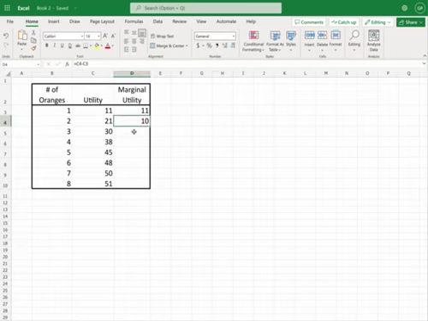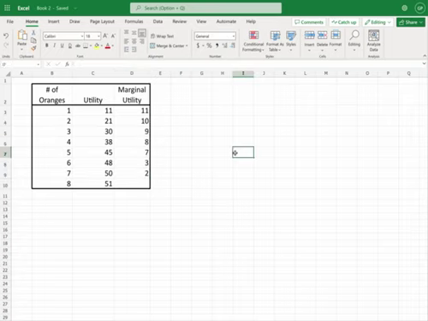Now we could take that formula and copy it down to give us the remainder of the results. Okay, so when I have 2 oranges, I have 21 units of utility. I consume a third orange, that raises my utility to 30. The increase is 9 units. I go from 30 to 38, 8 units. 38 to 45, 7 units.